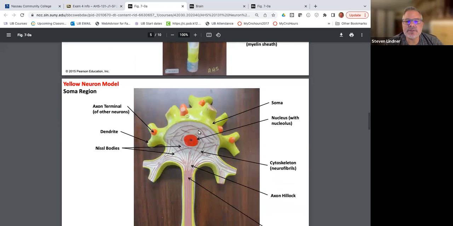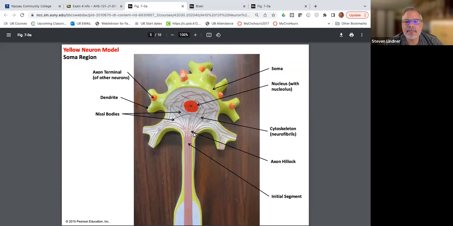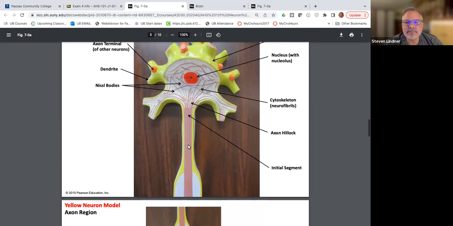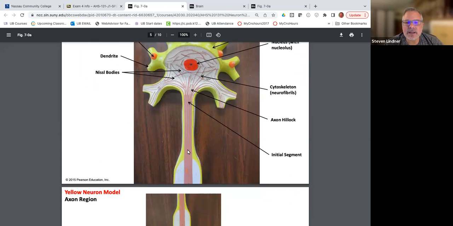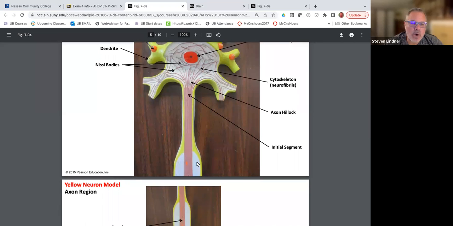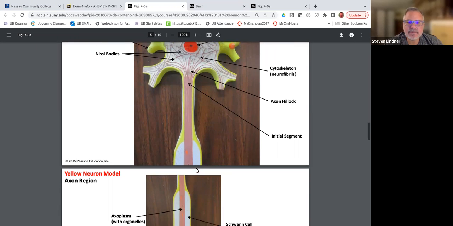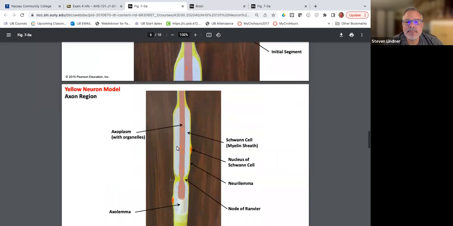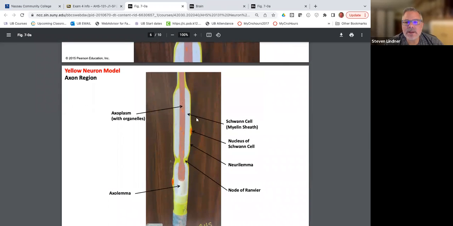And here's just a close-up view. We see the dendrites. We see the cell body or the soma. Here's the nucleus, the axon hillock, initial segment, axon, the beginning of the Schwann cell or myelin sheath.